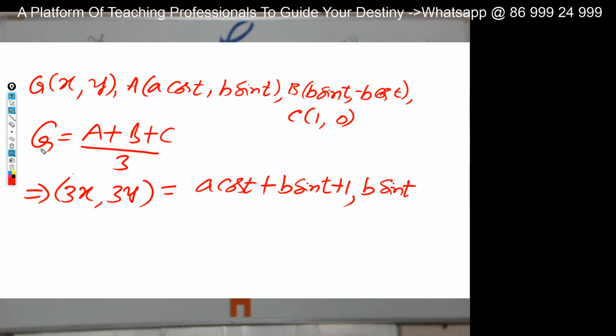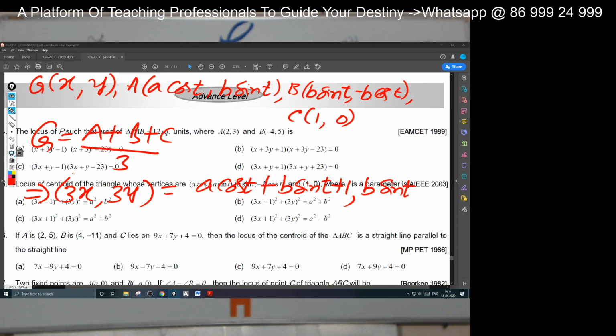I have to check the question once. It is a cos t, a sin t, please. This is not b. This is a, a sin t. And what about the next part? b sin t, b cos t. Yeah, that's correct.